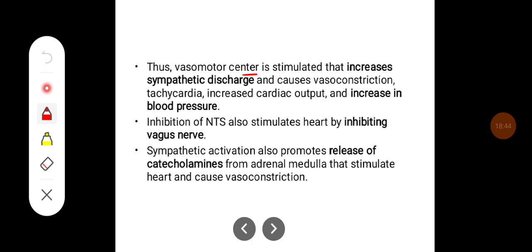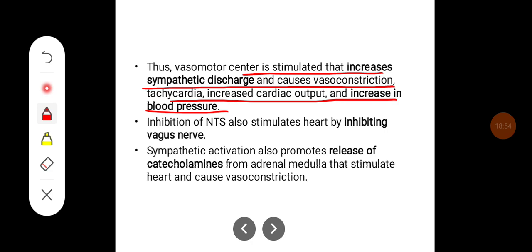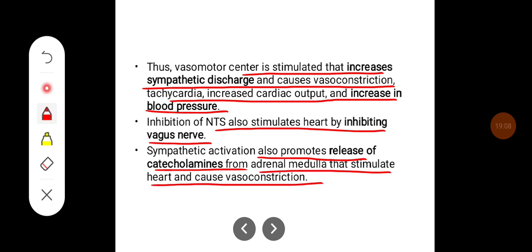Thus, the vasomotor center is stimulated and that increases the sympathetic discharge and causes vasoconstriction, tachycardia, increased cardiac output, and increase in the blood pressure. Inhibition of NTS also stimulates the heart by inhibiting the vagus nerve.